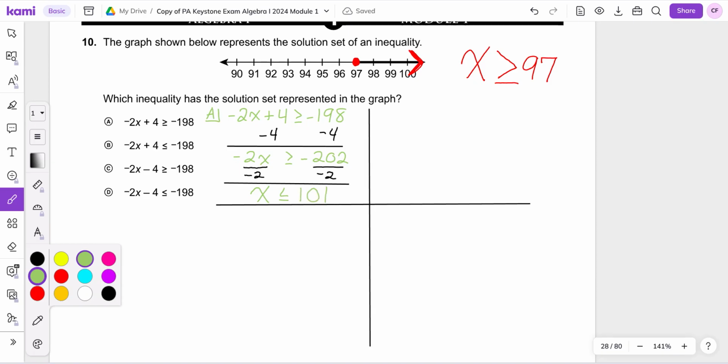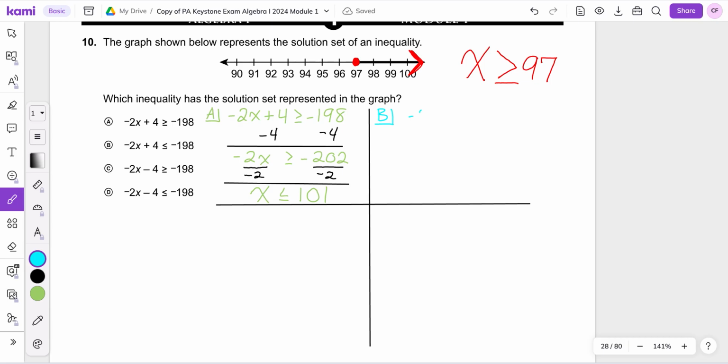Comparing this to the original problem in the graph above, there are 2 incorrect parts. First part being the number, it's 101, not 97. And the second part is the inequality sign being less than or equal to instead of greater than or equal to. So now I'm going to test part B.